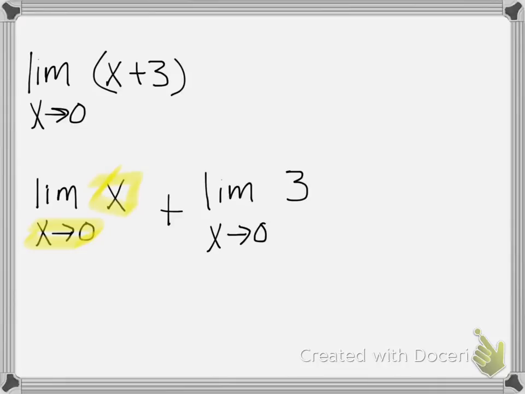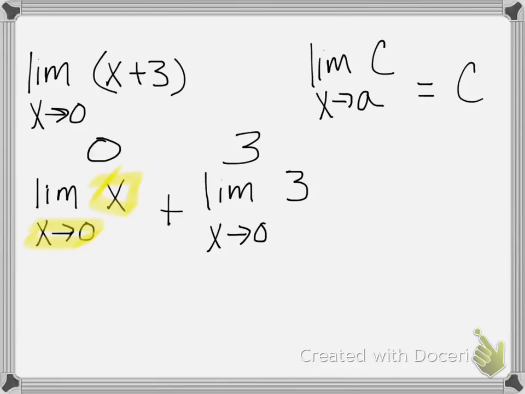And like one of the limit laws basically says that the limit as x approaches anything of a constant is just a constant. So this right here is going to be our 0, and this will give us 3.